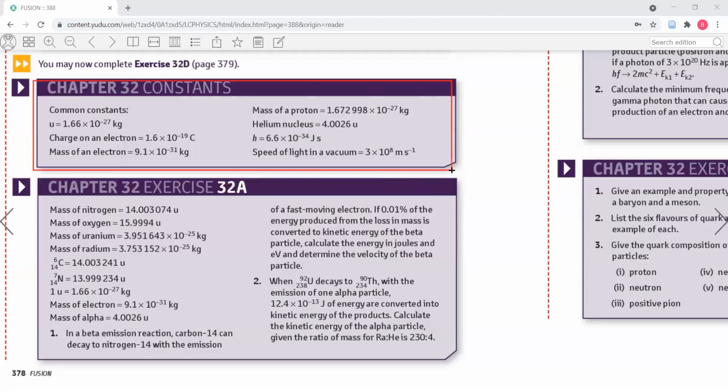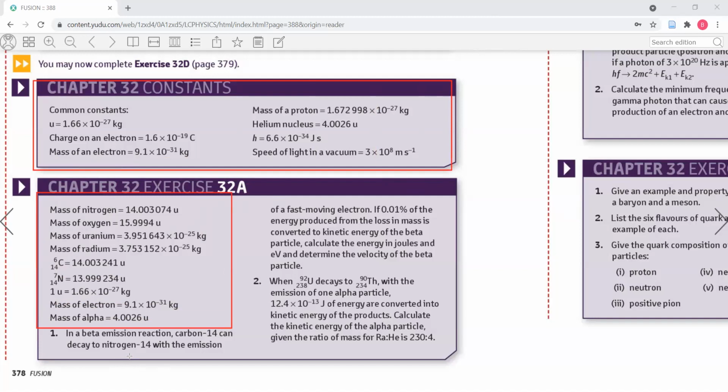These are in the log tables as well under fundamental physical constants, and they've given more of them here. Very often they'll give you these constants in questions, but occasionally you do need to look things up in the log tables. Page 46, fundamental physical constants, and also page 48, particle physics, will have a lot of values that you'll need in this chapter too.